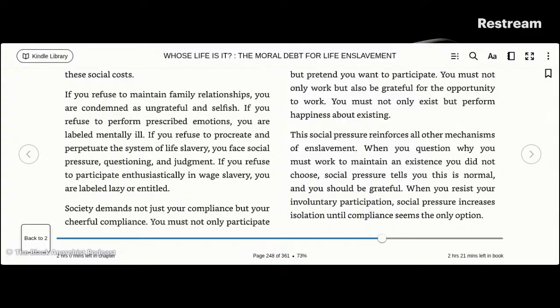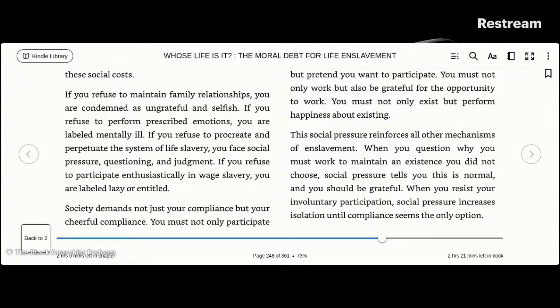Society demands not just your compliance, but your cheerful compliance. You must not only participate, but pretend you want to participate. You must not only work, but be grateful for the opportunity to work. You must not only exist, but perform happiness about existing.